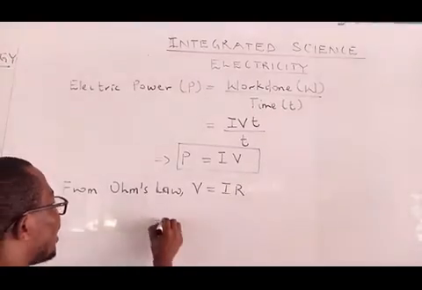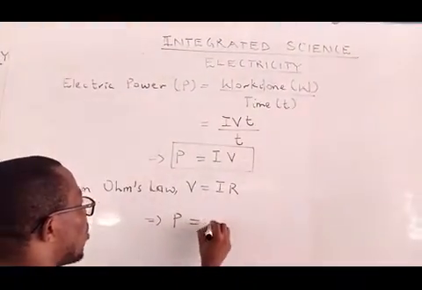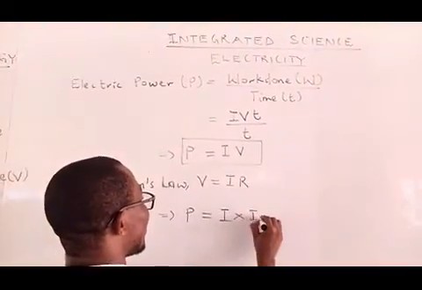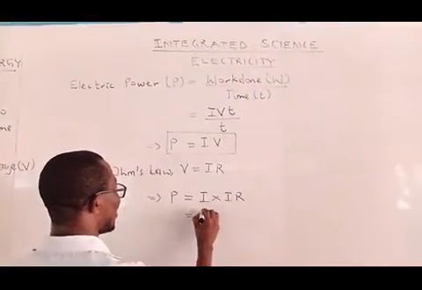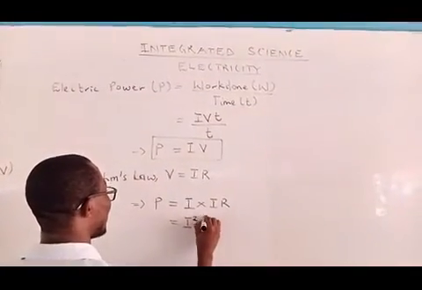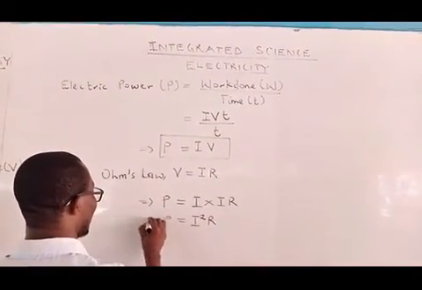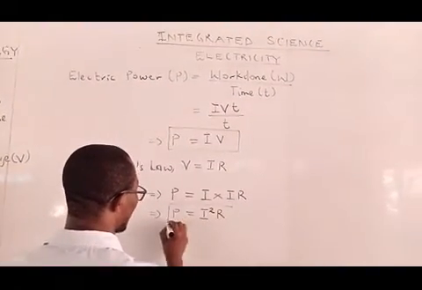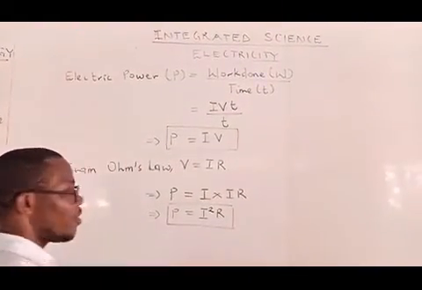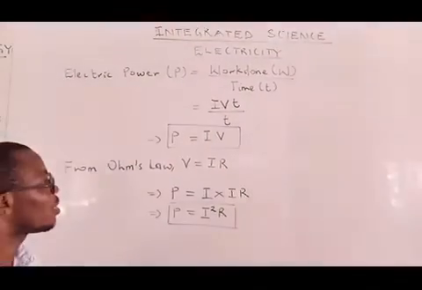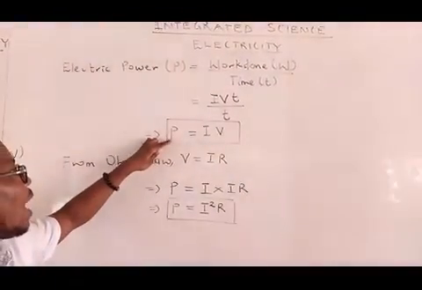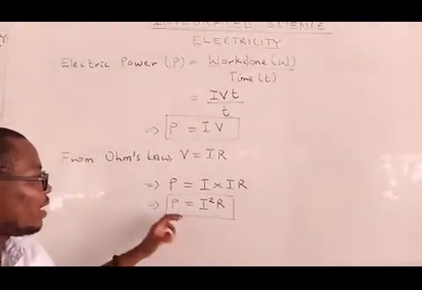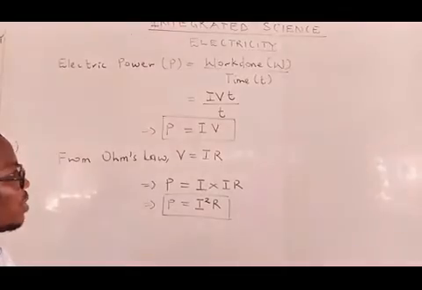It implies that your electric power will be equal to current times current times resistance, and that becomes I squared R. So your power is also equal to the current squared times resistance. This is the relation for power in terms of current and voltage, and this is the relation for power in terms of current and resistance.